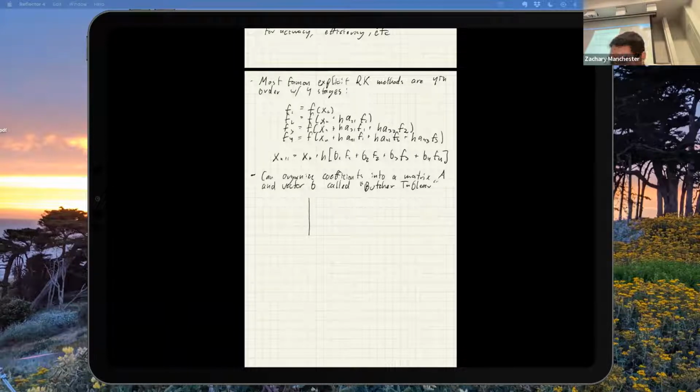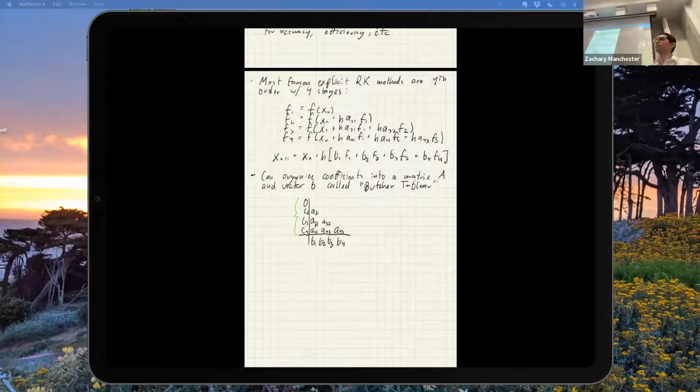Okay, so this is the A's and B's. These C's, which we didn't talk about yet, are for when you have a time varying ODE.